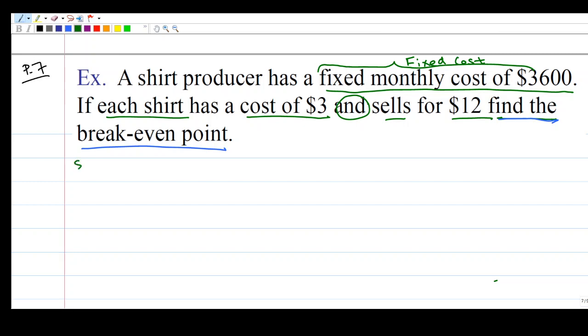So your solution. Let's introduce the variables. Let x equal the number of shirts produced and sold.